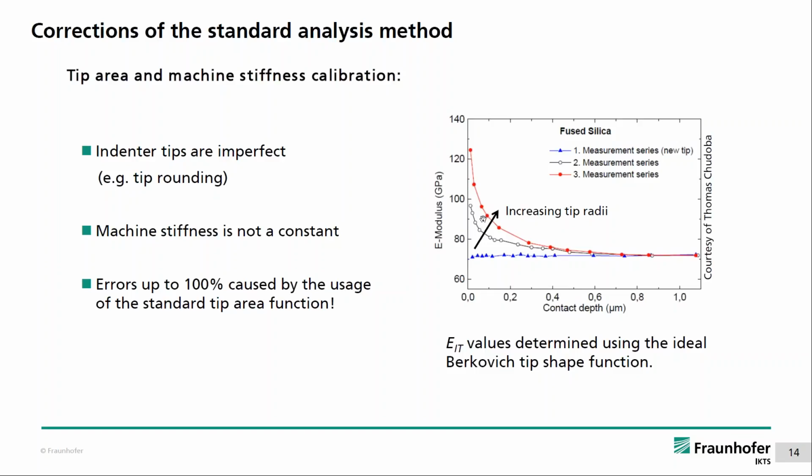They are overestimated by up to 100%. The reason for this is that due to the tip rounding, the shape of the tip changes, and if you use the shape of the unchanged Berkovich tip, in this case it's a Berkovich tip, then you make really big errors. So after a few experiments, you always have to calibrate the area function anew. Otherwise you get really big errors.